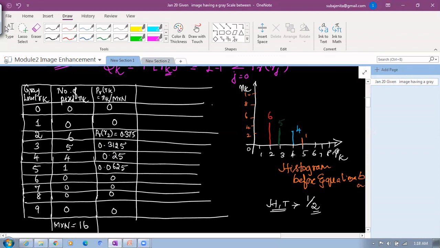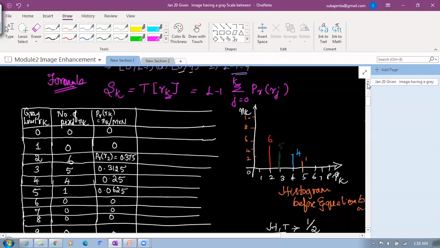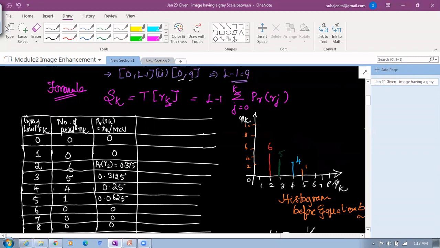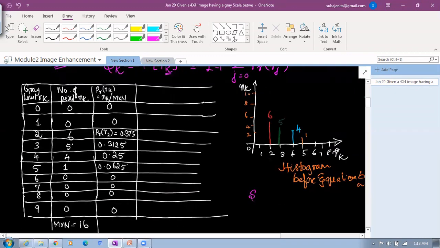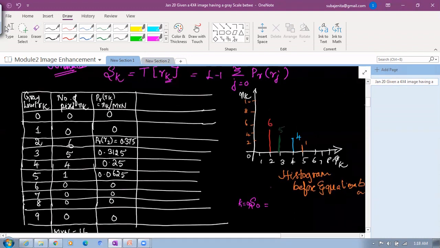Now let us apply the formula where Sk is given by L minus 1 into summation j equal to 0 to k of PR of Rj. Let me write for the first case, when k equal to 0. S0 will be equal to L minus 1 into summation j equal to 0 to 0, the maximum limit is 0 here for k equal to 0, of PR of Rj.